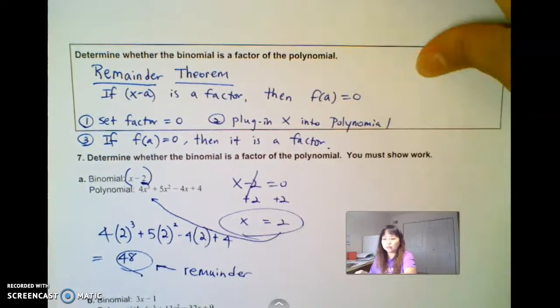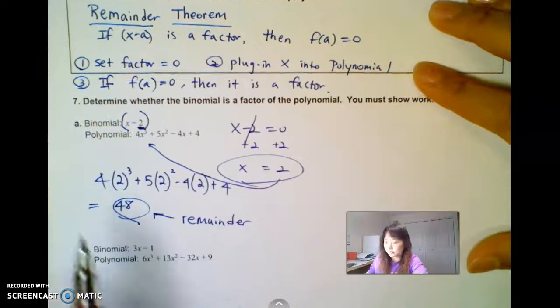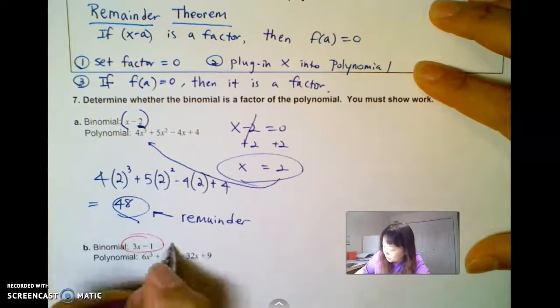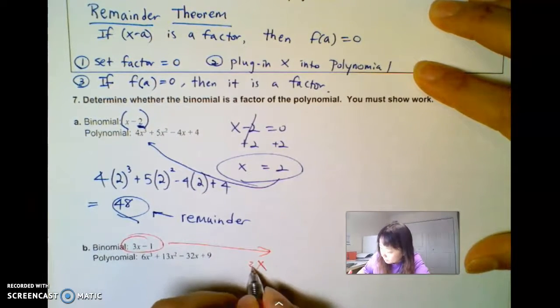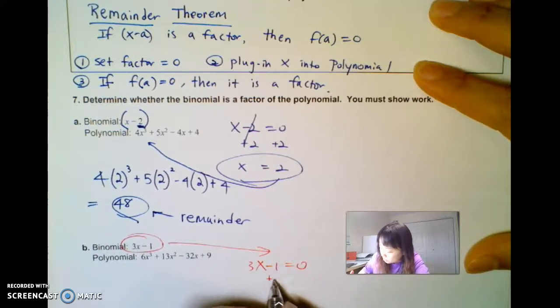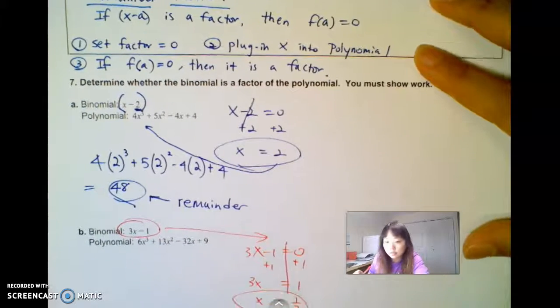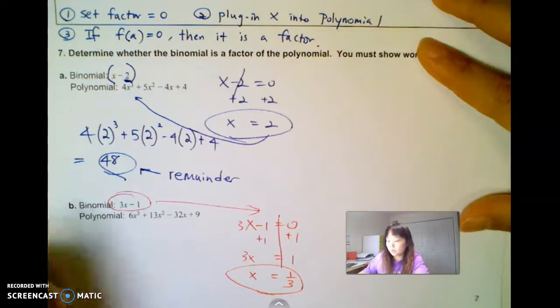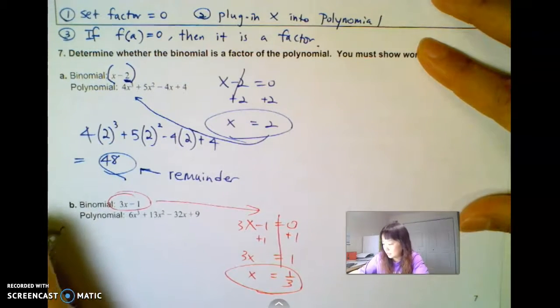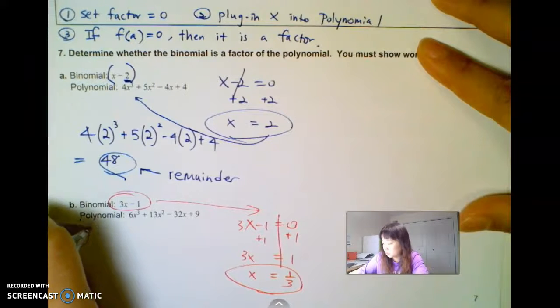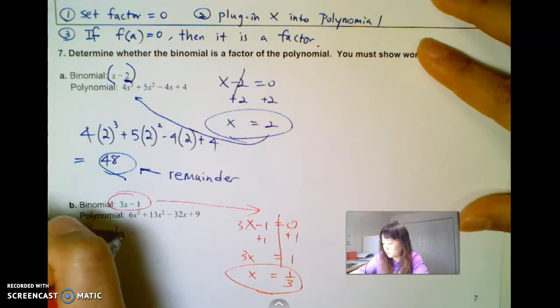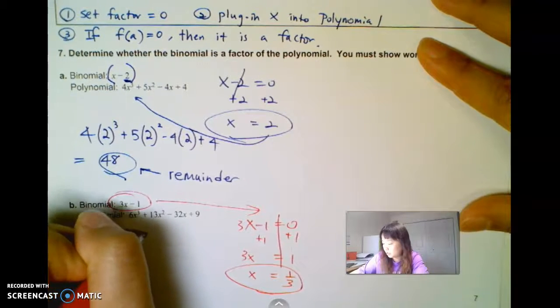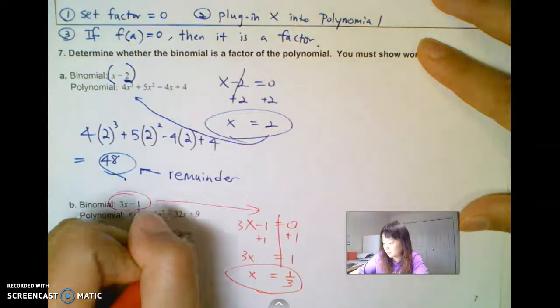So let me try B and show you what this looks like. For B, we have 3x minus 1 equals 0. So solve it for x. 3x is 1, x is 1 over 3, right? So now I have to plug in 1 over 3 into all the x's. 6 times 1/3 cubed plus 13 times 1/3 squared minus 32 times 1/3 plus 9.